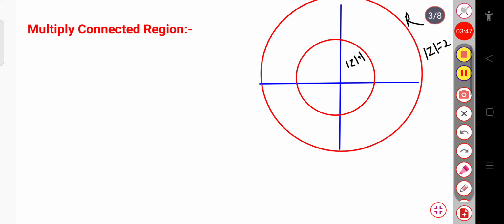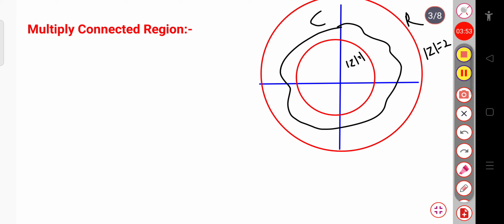Suppose I am drawing any closed curve here, this is suppose C. You can see that it lies inside the R. You can see that this black one cannot possibly be shrunk to a point without leaving the R. So that region R is called a multiply connected region.